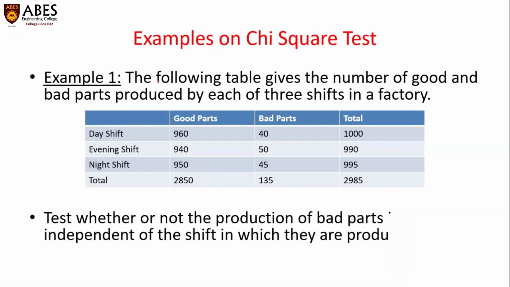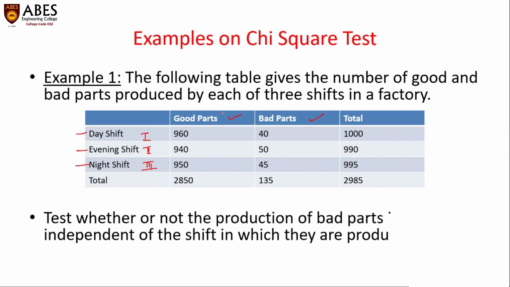See, the first problem tells us that the following table gives the number of good and bad parts produced by each of 3 shifts in a factory. So a factory is there in which the work is done in 3 shifts: day shift, evening shift and night shift. Shift 1, shift 2, shift 3. Okay? And the products are categorized into 2 categories, good parts and bad parts.